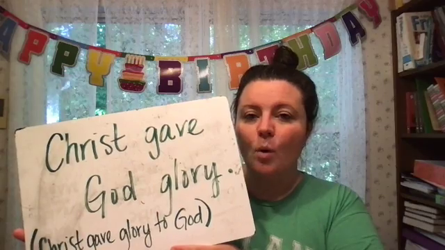Did Christ give God, or did Christ give glory? Christ gave God glory. So it's the glory that he's giving. Christ gave glory. That's the direct object. That's a noun. It's something you can give.